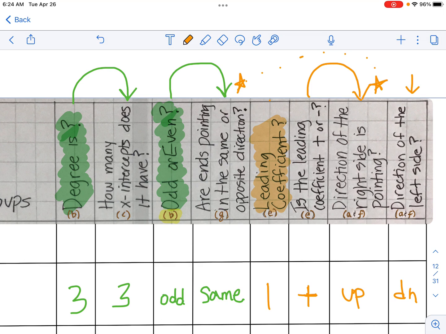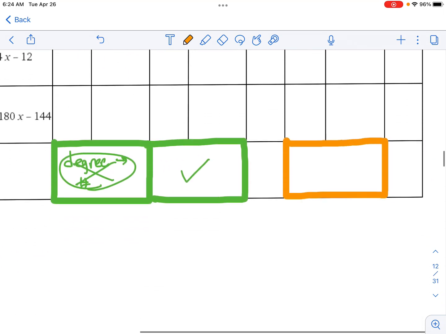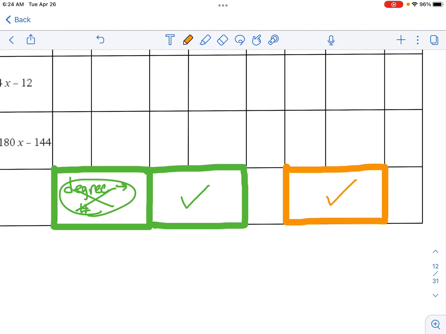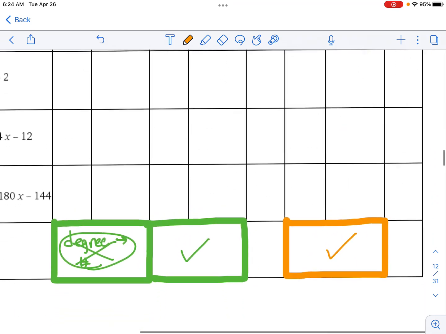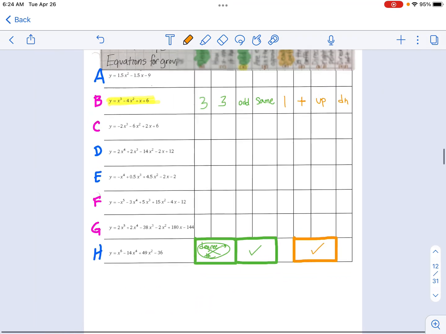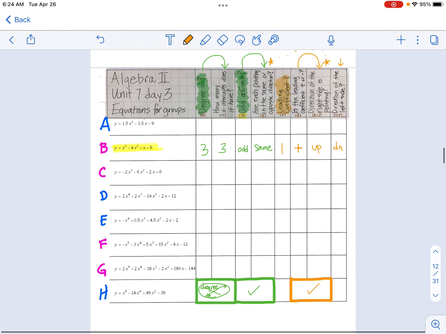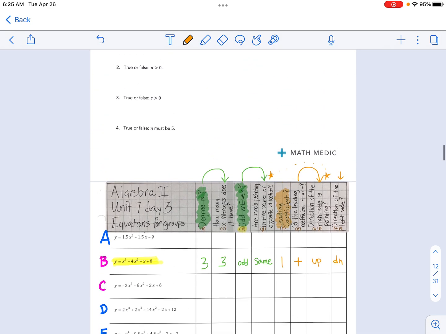So that's the key there, to know what the right side does, and you're going to summarize that here. When it's positive, the right side does this. When it's negative, the right side does that. And that way, if you know what the right side does, all you have to do is know whether it's odd or even, and you know what the left side does. So work your way through the remaining functions, and then you can check your work on the answer key in Blackboard for the notes.